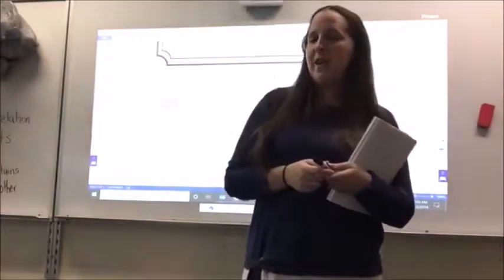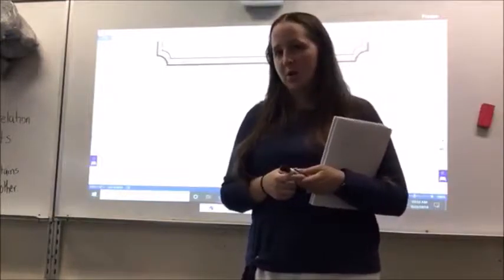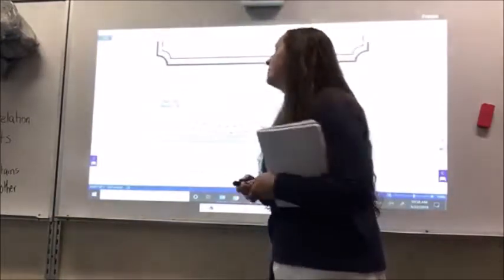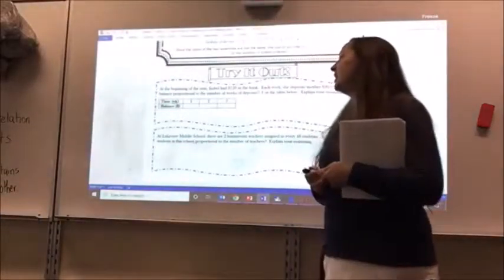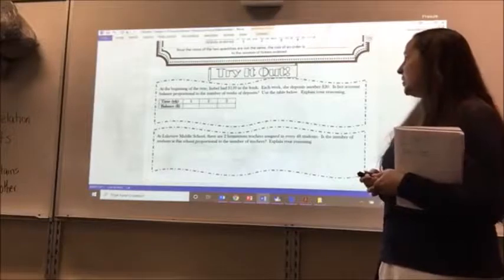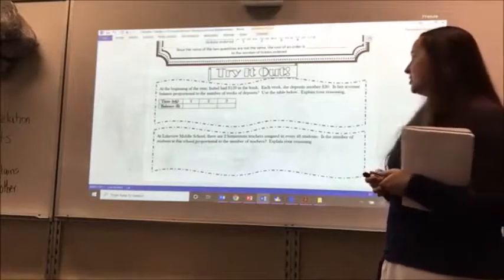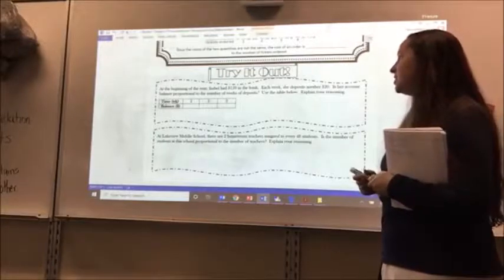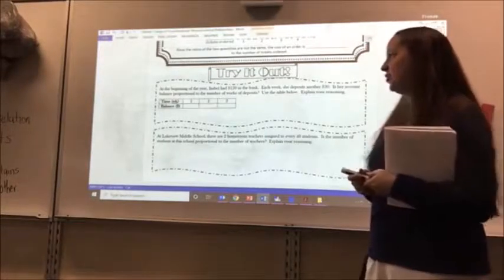All right, now that you've had a chance to go over the try problems on your own, let's go over the answers together. The first try problem states, at the beginning of the year, Isabel had $120 in the bank. Each week she deposits another $20. Is her account balance proportional to the number of weeks of deposits? Use the table below. Explain your reasoning.